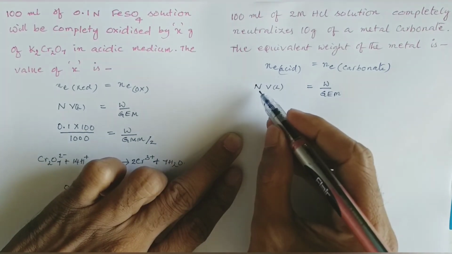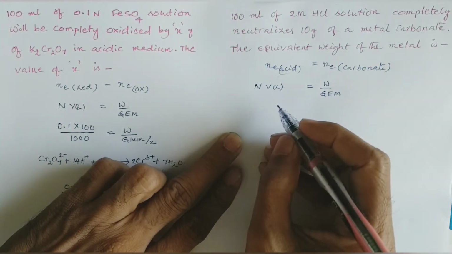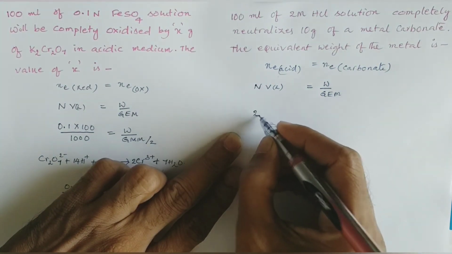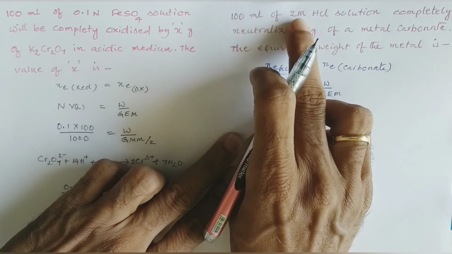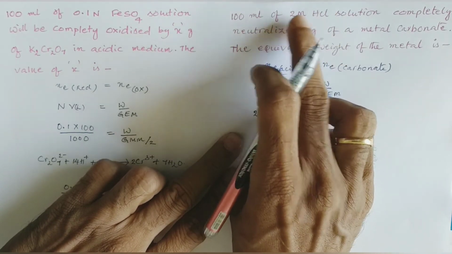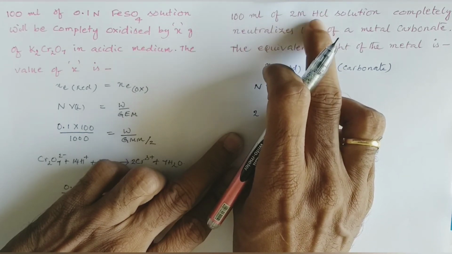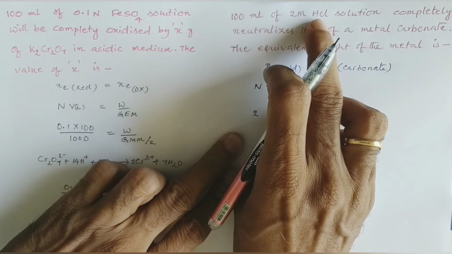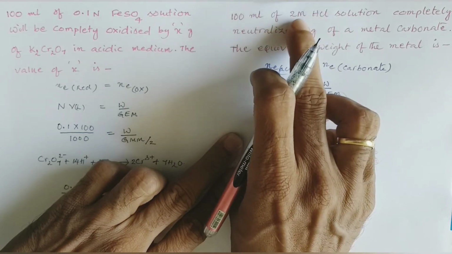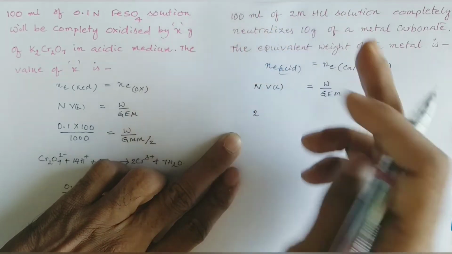So here the normality of acid is given, that is 2. Actually it is given as molarity, but in case of HCl, molarity is equal to normality because basicity is 1. If the basicity of an acid is 1, then molarity is equal to normality. So 2 molar can be taken as 2 normal here.